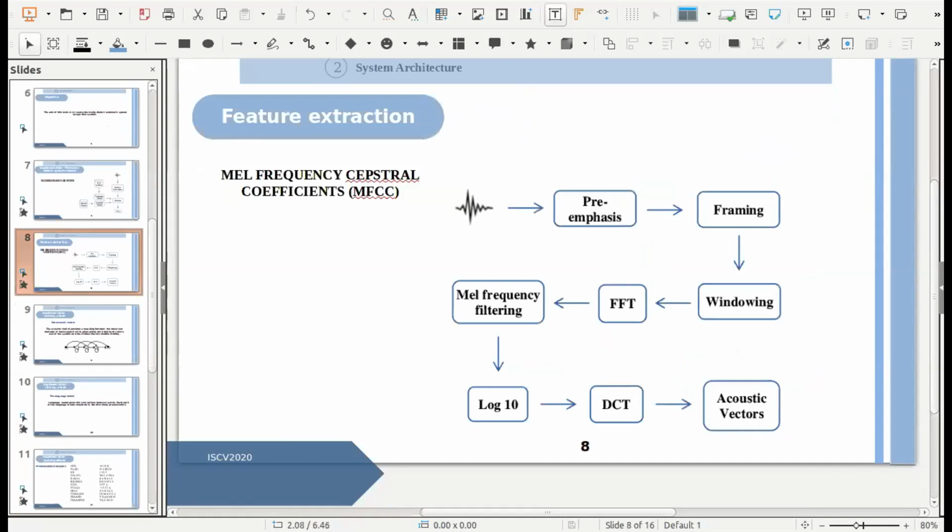Concerning feature extraction, the technique transforms the speech waveform into a sequence of feature vectors called acoustic vectors. The most widely used method of feature extraction is the Mel frequency cepstral coefficients, as you see in this figure.